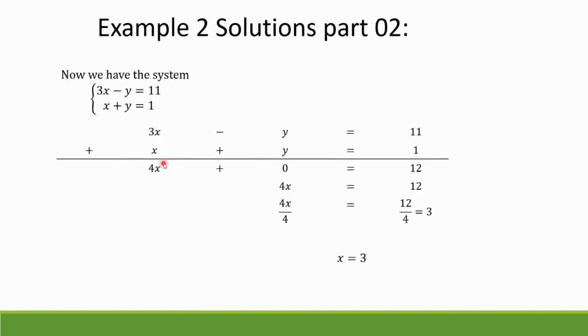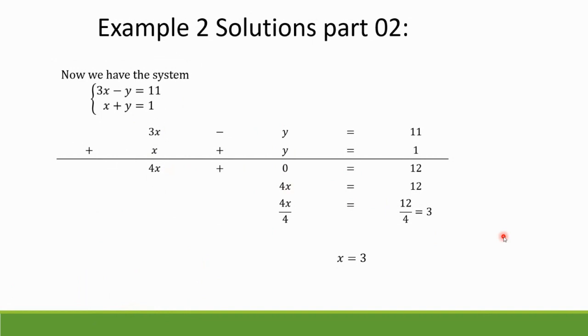If you were to just add the equations, the y variable vanishes. You have minus y and y. Here you get 0y, which is still 0. 4x plus 0 equals 12. So 4x equals 12. That's what we end up with.